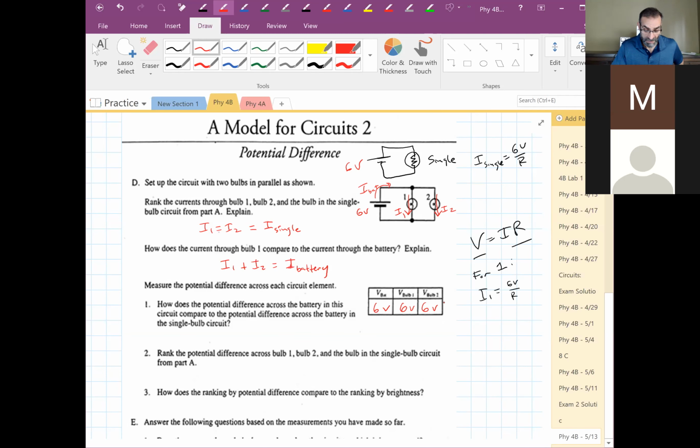How does the potential difference across the battery circuit compare to the potential? They are the same, right? The potential difference is the same in the single as it is in the 2 light bulb circuit.